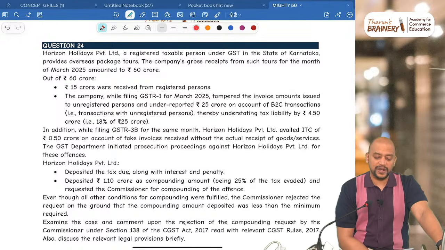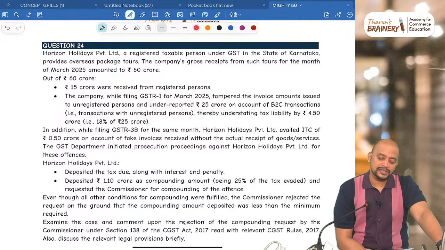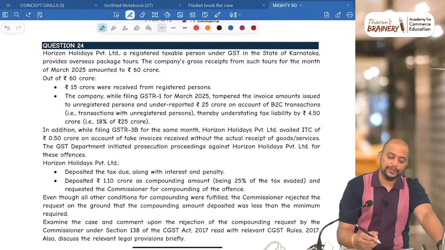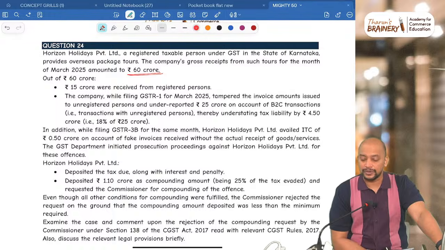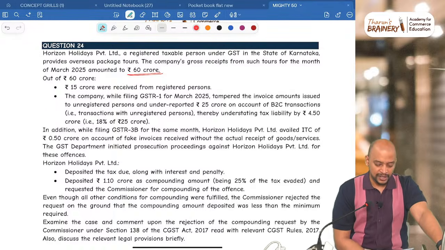Horizon Holidays Private Limited, a registered taxable person under GST in the state of Karnataka, provides overseas package tours. The company's gross receipts from such tours for the month of March 2025 amounted to 60 crore. So what is the total gross receipts? 60 crores. Out of that 60 crore, 50 crore were received from registered persons.